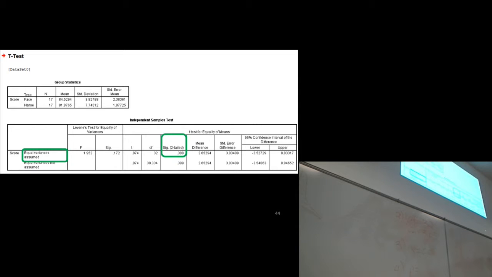So your sample's probability two-tailed is 0.388, right? We have a 38.8% chance of getting a sample this weird if faces and names are equally well remembered. However, we're not quite there because this is two-tailed. We're doing a one-tailed test.